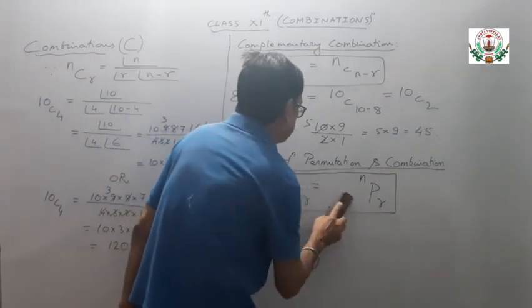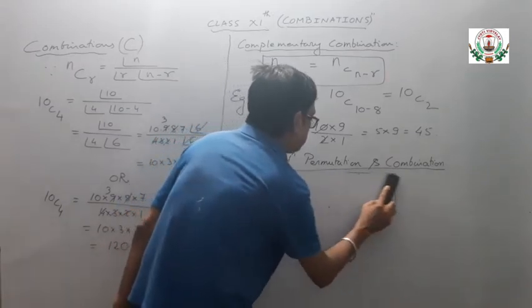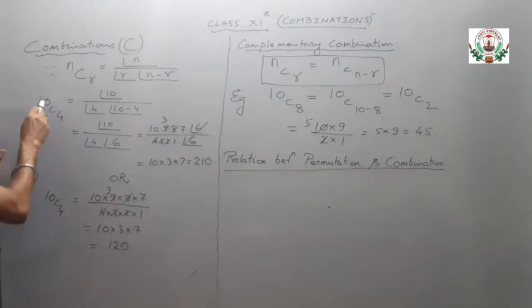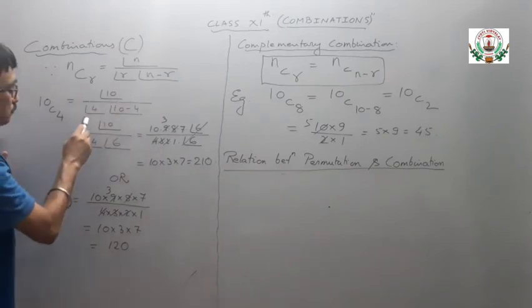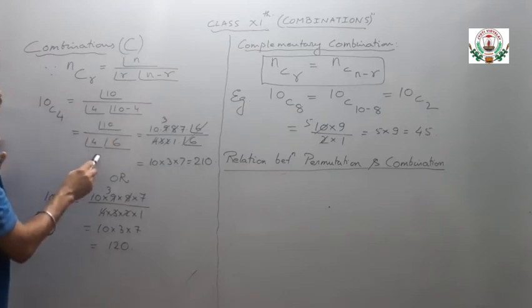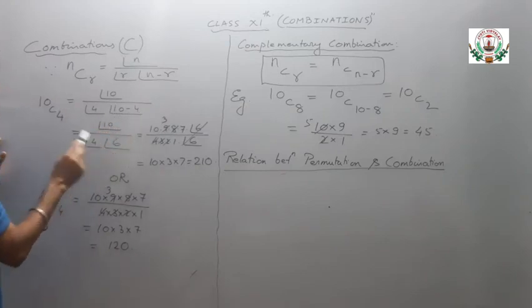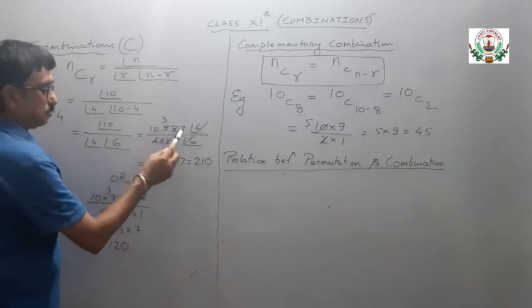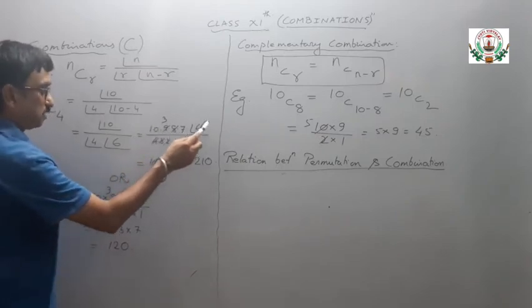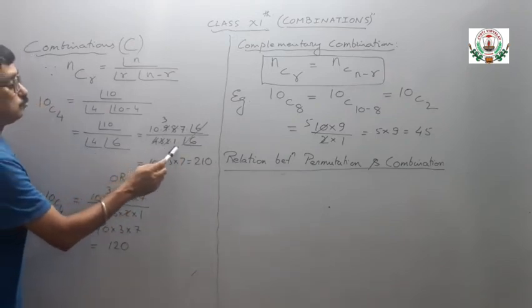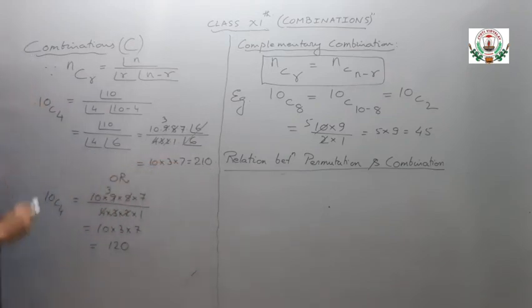A slight mistake is there, I will tell you afterwards. 10C4 is factorial 10 upon factorial 4 factorial 10 minus 4, which is factorial 10 upon factorial 4 factorial 6. Now we can simplify: 10 into 9 into 8 into 7 into factorial 6. We can cancel factorial 6 with the denominator, and factorial 4 is 4 into 3 into 2 into 1. Simplifying, we get 210.